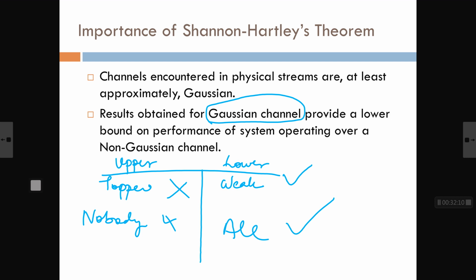In this way I can set a lower bound and an upper bound. Same way here, the Gaussian channel will set a lower bound. So if the theorem works for a Gaussian channel, definitely it will work for the other channels. That is the reason we have taken the Gaussian channel and done this particular analysis. Is that clear?